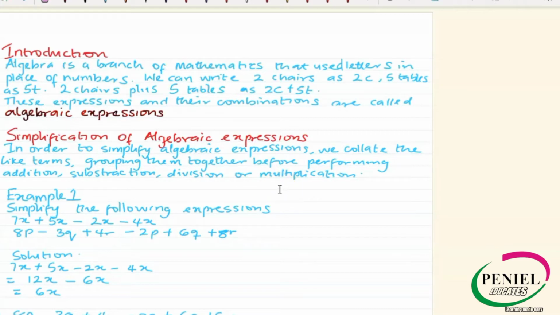So in everyday affairs, we come across expressions involving quantities like 2 chairs, 5 tables, 4 books, 3 men, 8 women, etc. So if we take W, X, Y, and Z, maybe we use W, we use Y, we use X, we use T. If we look at all of these to represent, for example, we will use 5 tables to represent all these.